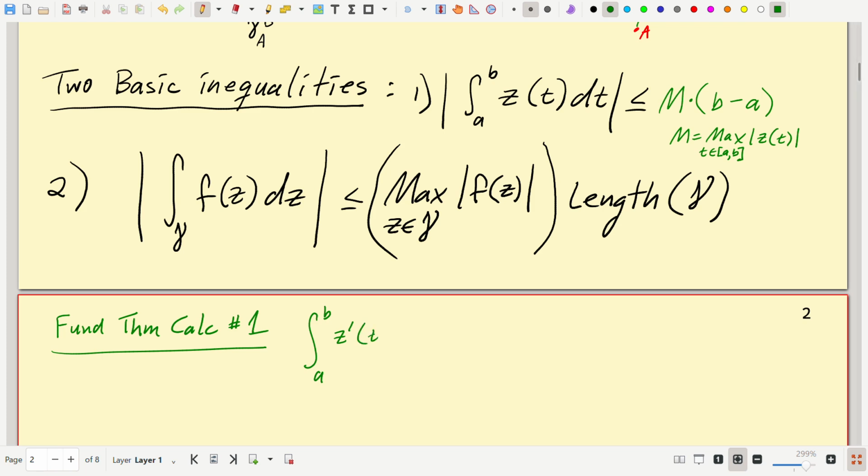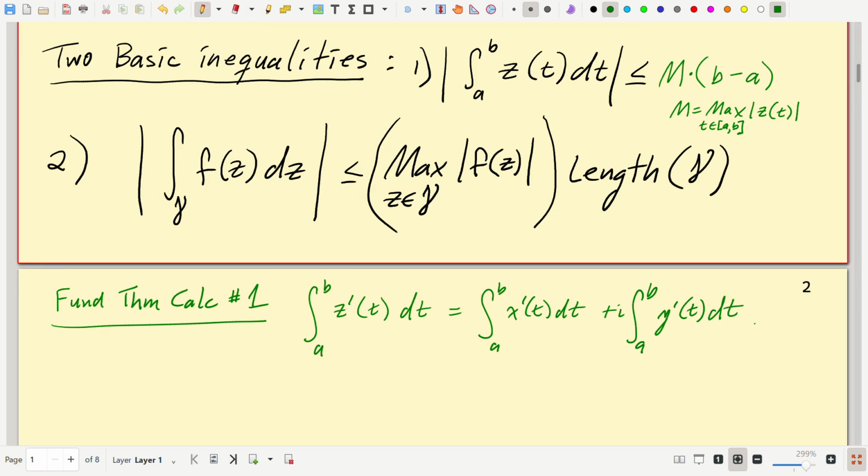This one is just the freshman calculus fundamental theorem. That would be the integral from a to b of x prime of t dt plus i times the integral from a to b of y prime of t dt. And you know the fundamental theorem of calculus for real functions like this.